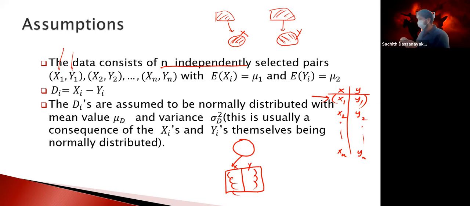In general, as I mentioned, they are not independent. Like my weight today and a week after are not simply independent. It's still me. But in this case, we are considering that they are normally distributed. That can happen because my weight is normally distributed, and after a week, same thing. It doesn't matter.